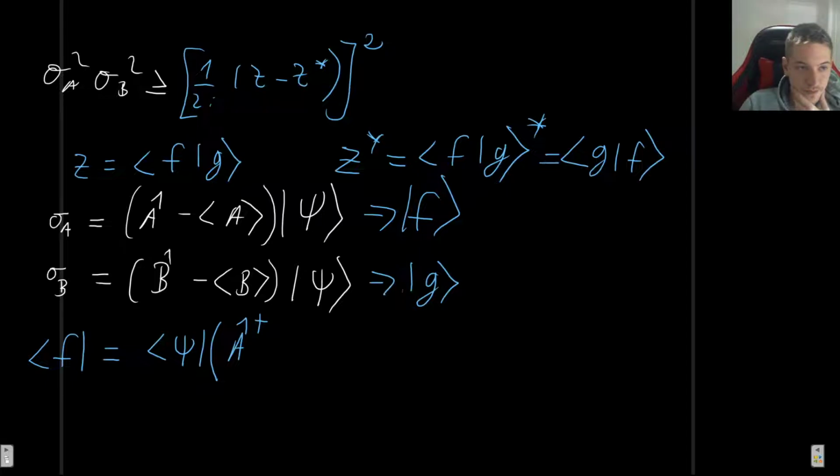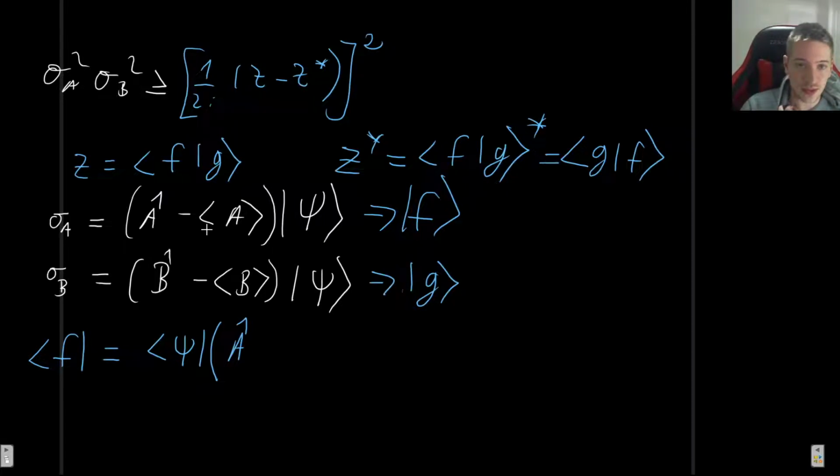Okay, so this right here means that the Hermitian adjoint of these operators, for both A and B, are just going to be the same operator because they are Hermitian, because they are observable. And this right here is just a real number, because the expectation value of a Hermitian operator is a real number.